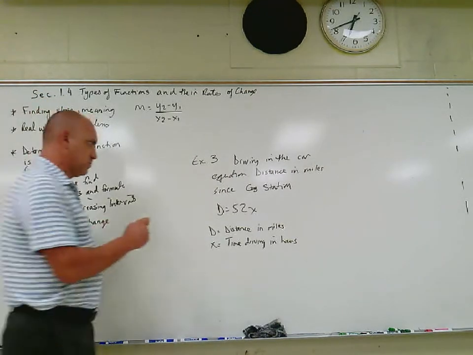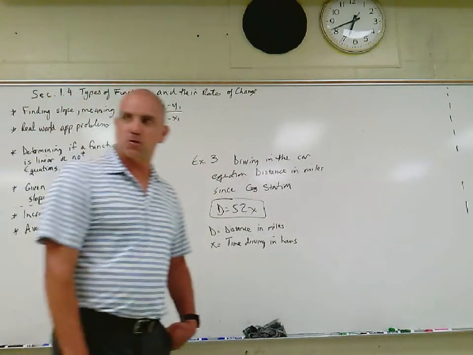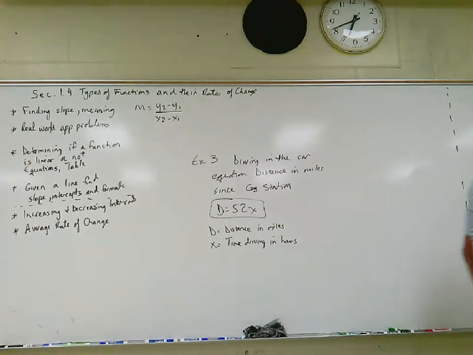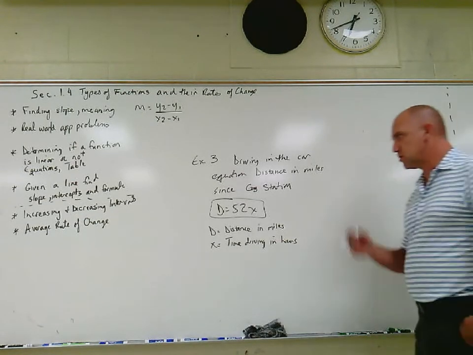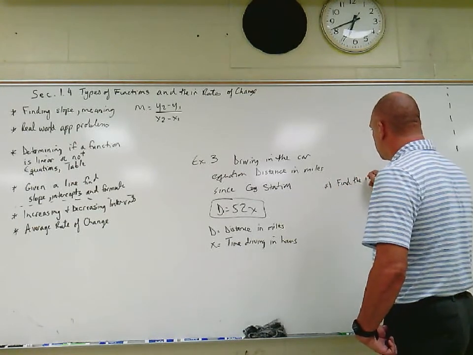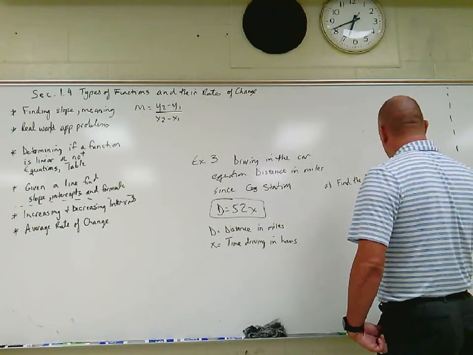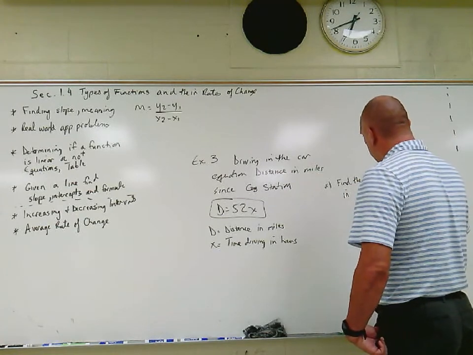All right, so first question. Do you see that that is what? What type of function is that? Linear, right? Linear function is the equation of a line. What's missing? What do we not see? Y-intercept. So what's the y-intercept? 0. All right. So a couple of questions. Part A, find the distance traveled in 3 hours.